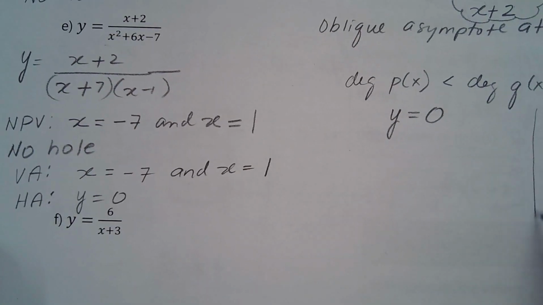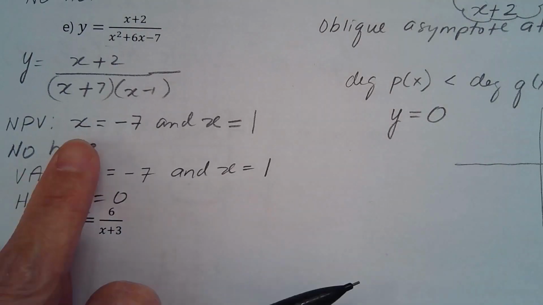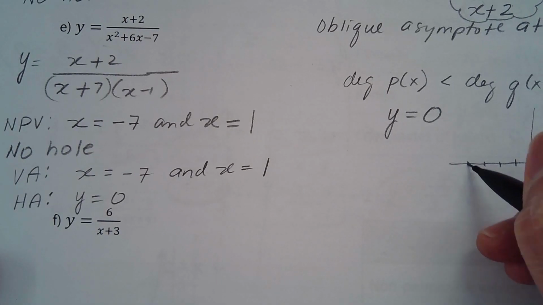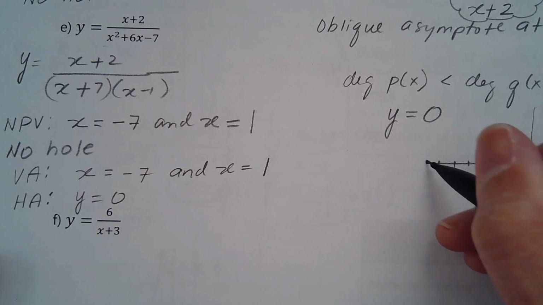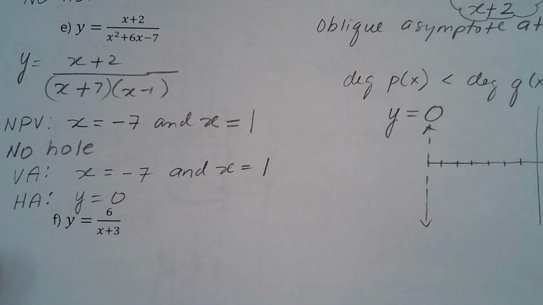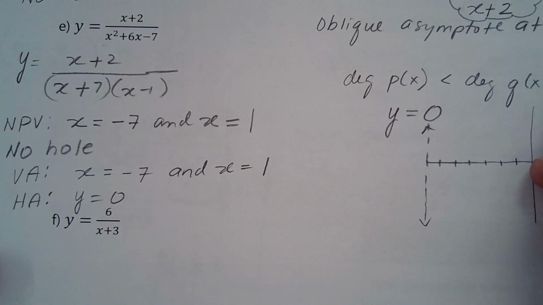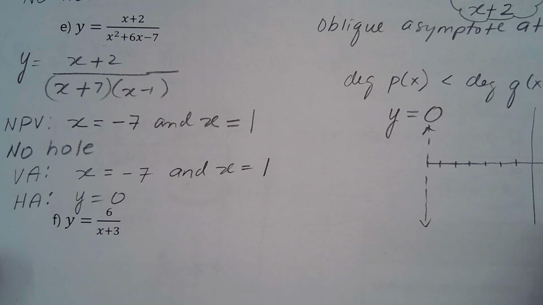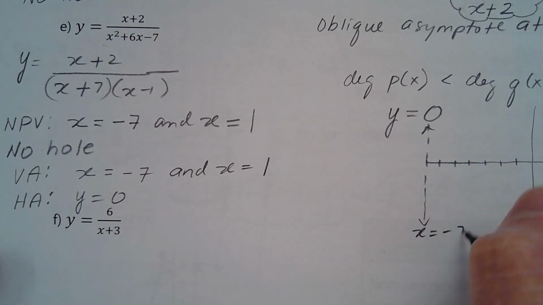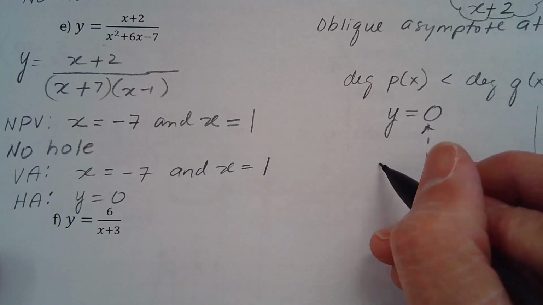Okay, what does that look like? Oh, this is a very typical question. Vertical asymptote at -7. 1, 2, 3, 4, 5, 6, 7. And then a vertical asymptote at 1. And then horizontal asymptote at 0.